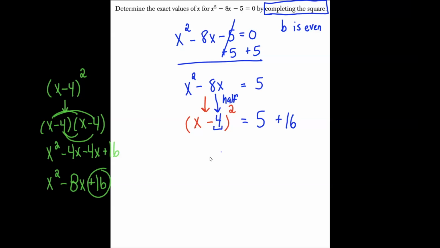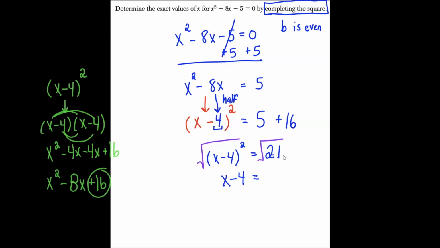At this point, I can actually use completing the square to solve this. So I've got x minus 4 squared equals 5 plus 16, which gives me 21. Because I now have x isolated inside of the square, all I have to do is take a square root to get rid of it. What I'm left with is x minus 4 on the left-hand side.